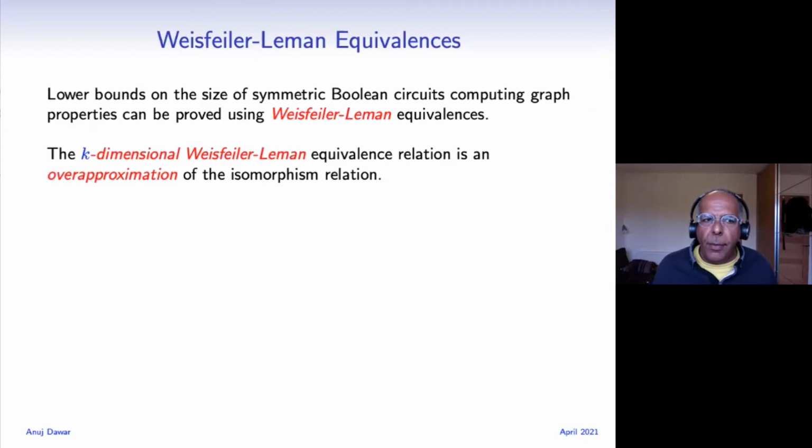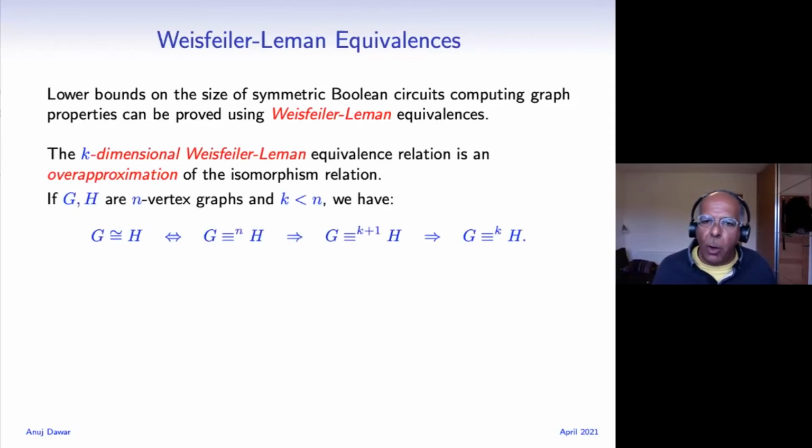So the k-dimensional Weisfeiler-Lehmann equivalence relation, for every positive integer k, is an equivalence relation on graphs, which is in some sense an approximation of the isomorphism relation. What do I mean by an approximation? Well, you have for every k an equivalence relation.